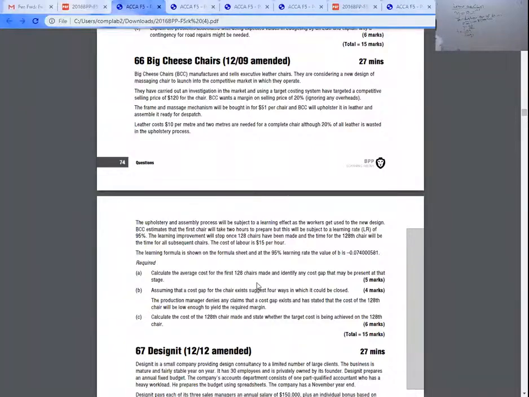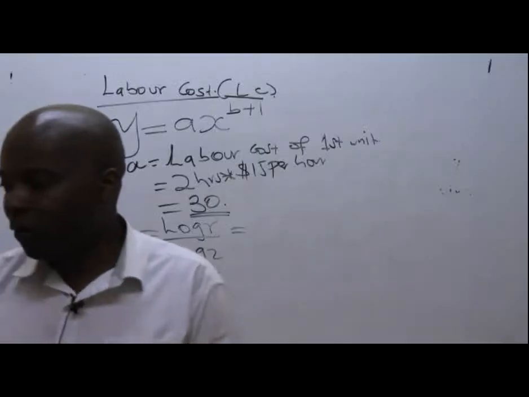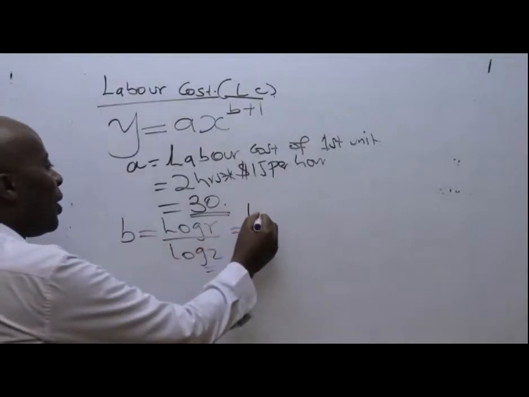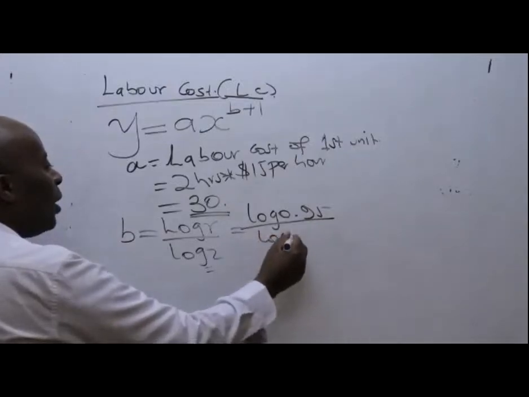R is the learning rate. Has this examiner given me the learning rate? Oh, yes. He's told me it's 95%. So I'll talk of log of 0.95 all over log 2.